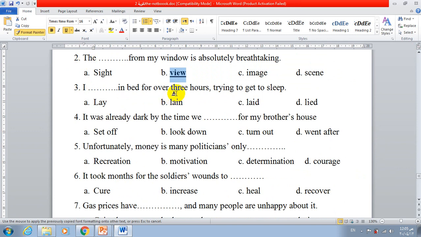We can say the view from my window is absolutely breathtaking. Number 3, I lay in bed. When someone is in bed, we use the word what? Lay, lain, laid, lied. I lay in bed for over 3 hours trying to get to sleep. Good. The right answer is letter A. Number 4, it was already dark by the time we set off for my brother's house.